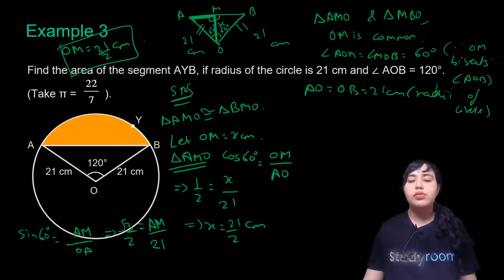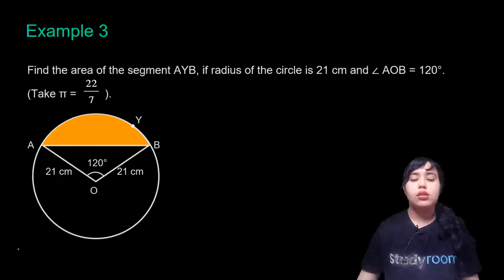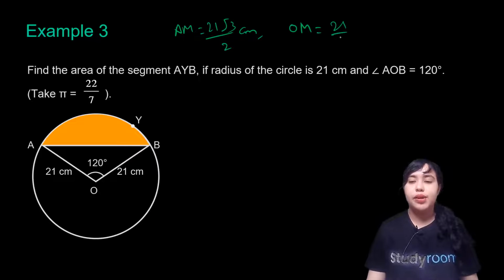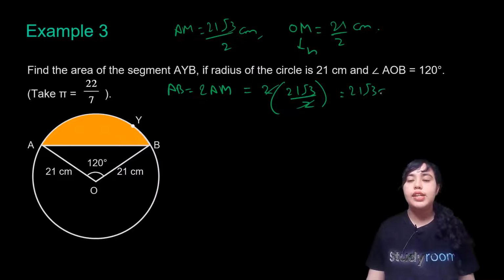When you solve for this, you will get AM as 21 root 3 by 2 centimeters. We found OM as 21 by 2 centimeters, so this is my height. And how will I find my base? I told you that AB is equal to twice AM. So this is the time when we make use of it. It will be twice 21 root 3 upon 2, so this becomes 21 root 3 centimeters.